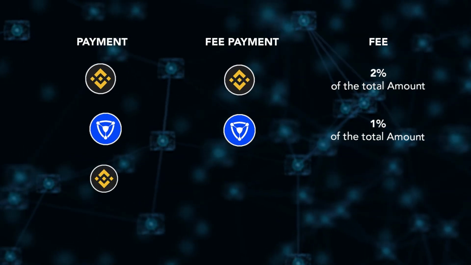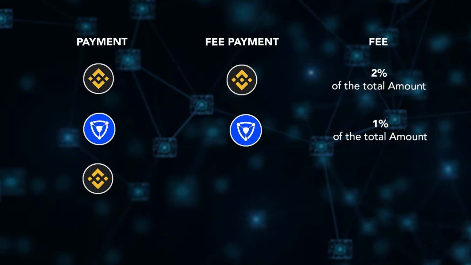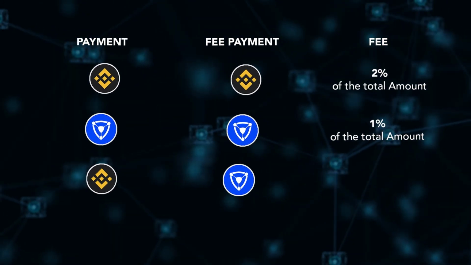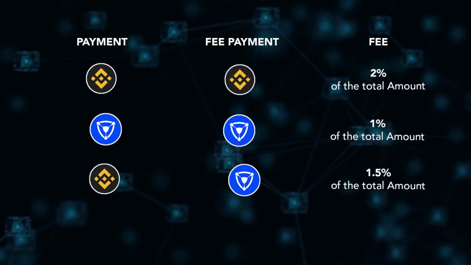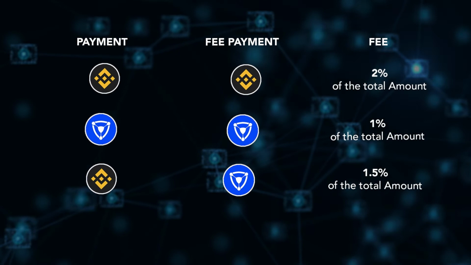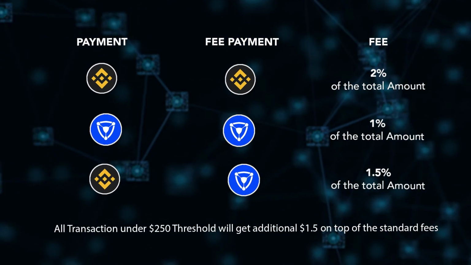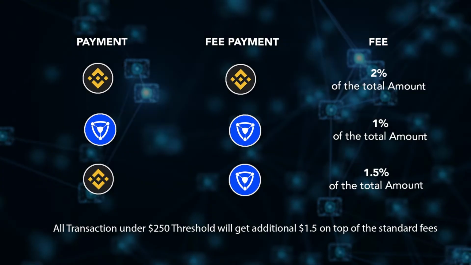Third, if you decide to use BNB or any other BEP20 token on the Binance Smart Chain for your transaction, but pay your fees with Chainpals tokens, then you'll only need to pay a fee of 1.5%. And lastly, on all transactions under a $250 threshold, you'll be charged an additional $1.50 on top of the standard fees.